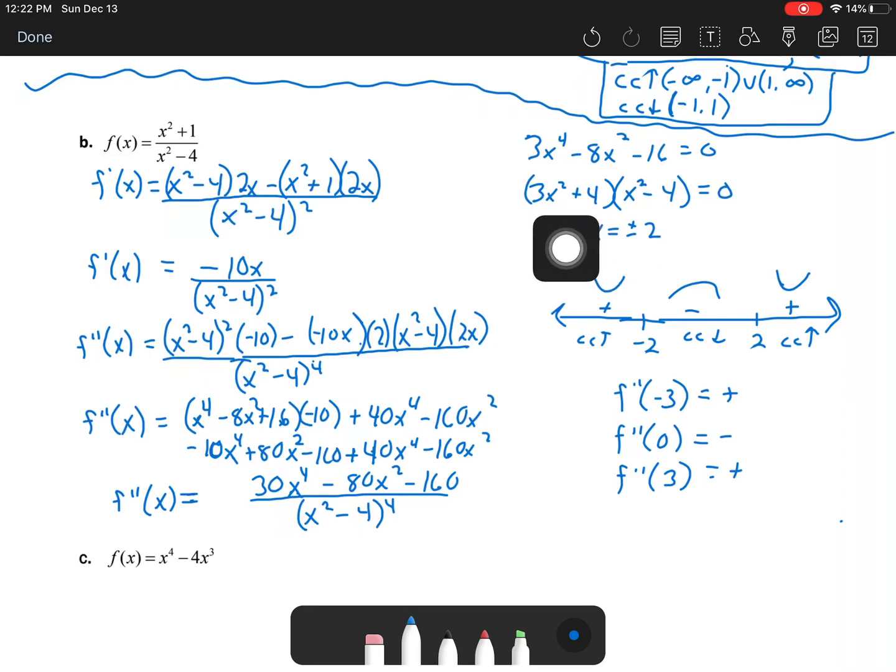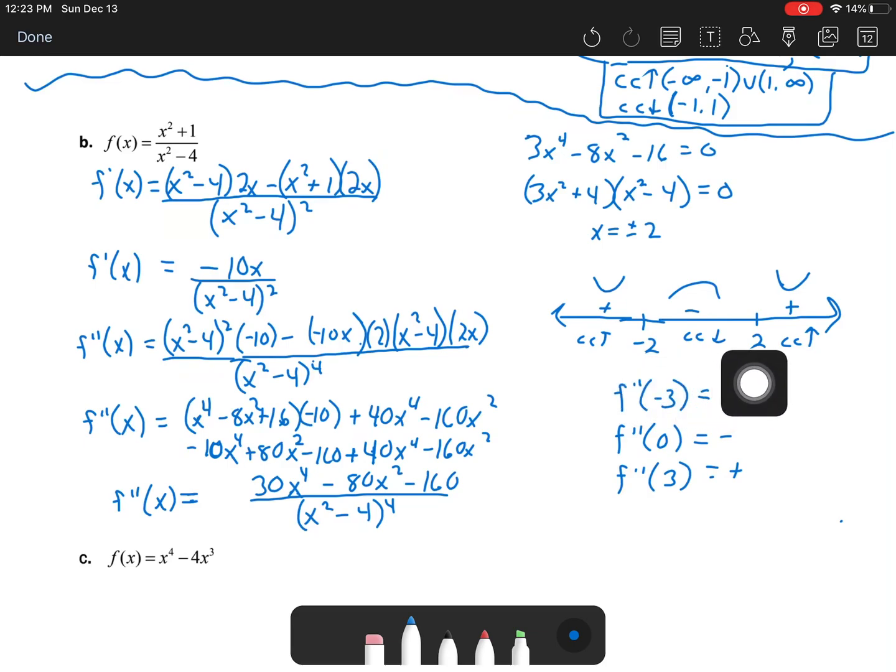The first factor is going to give me imaginary solutions, because I'd subtract 4, divide by 3, and the square root would be a square root of a negative. Here I get plus and minus 2. As it turns out, those are the same zeros I would get if I were to solve the denominator, setting it equal to 0. So plus and minus 2 are my only possible x coordinates for points of inflection, right?